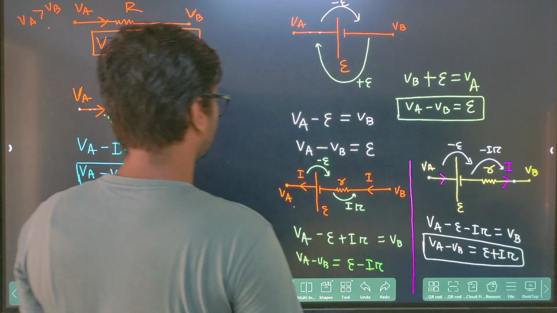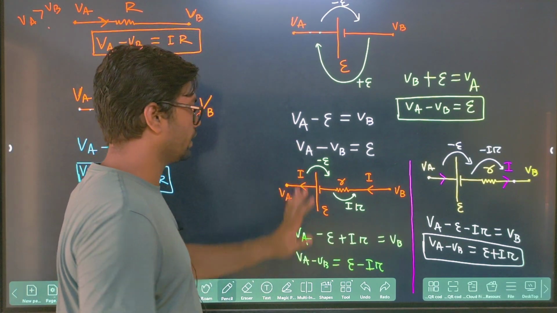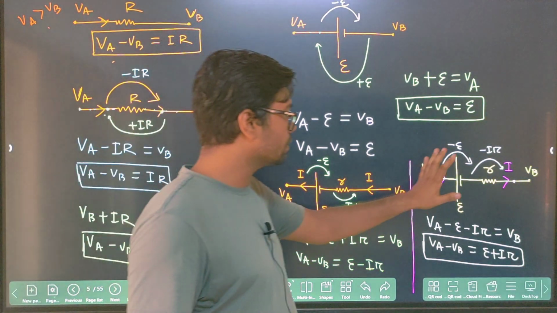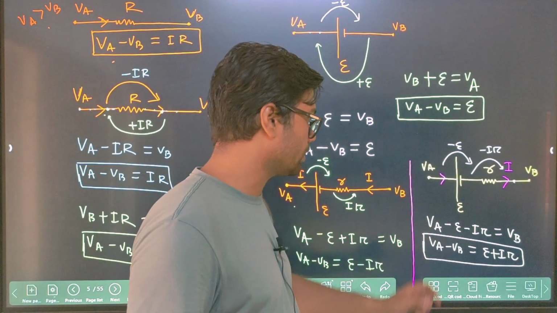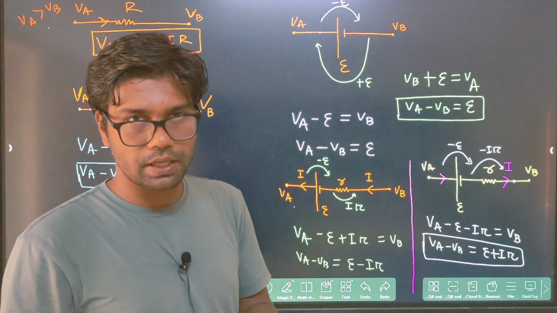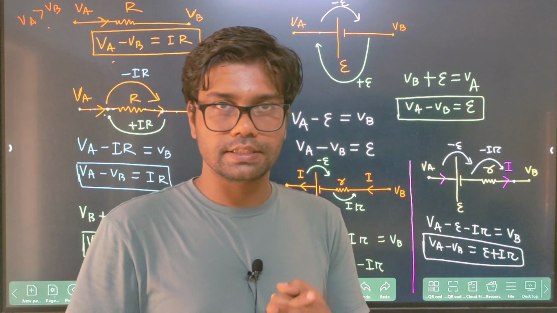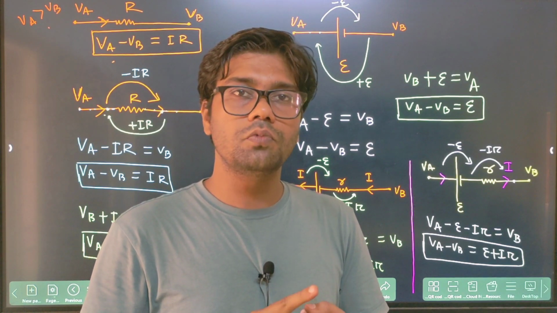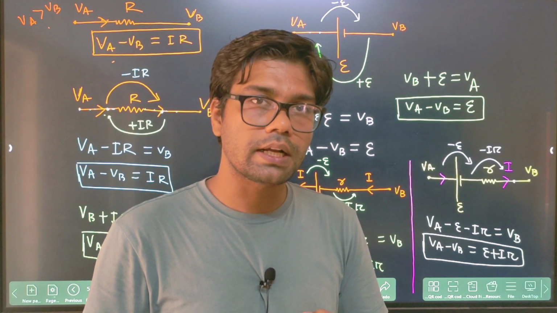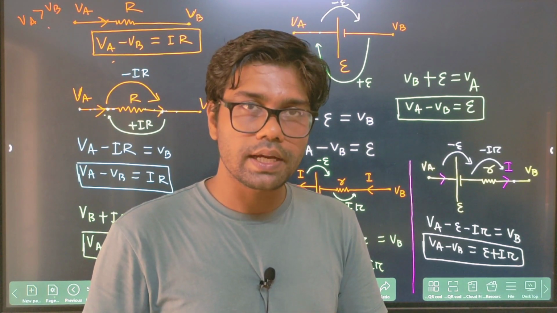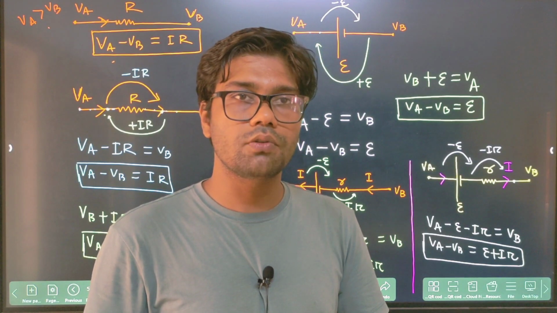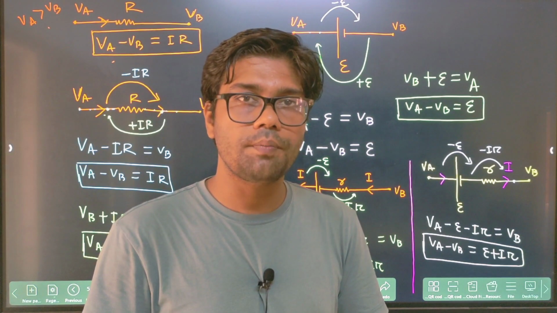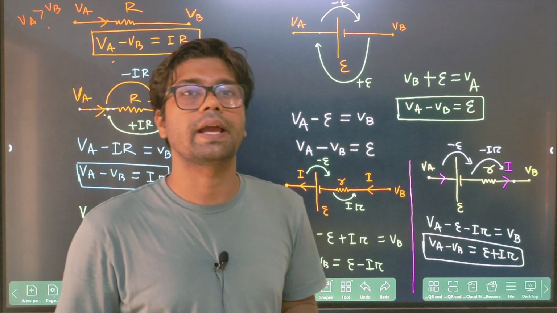Correct? We did it for everything here. So depending on the situation, you can write this type of equation. The two things you have to remember: first for the resistor, and second for the cell. For the resistor, if you are moving along the direction of the current through the resistor, there will be a potential drop of IR, so you will write minus IR.